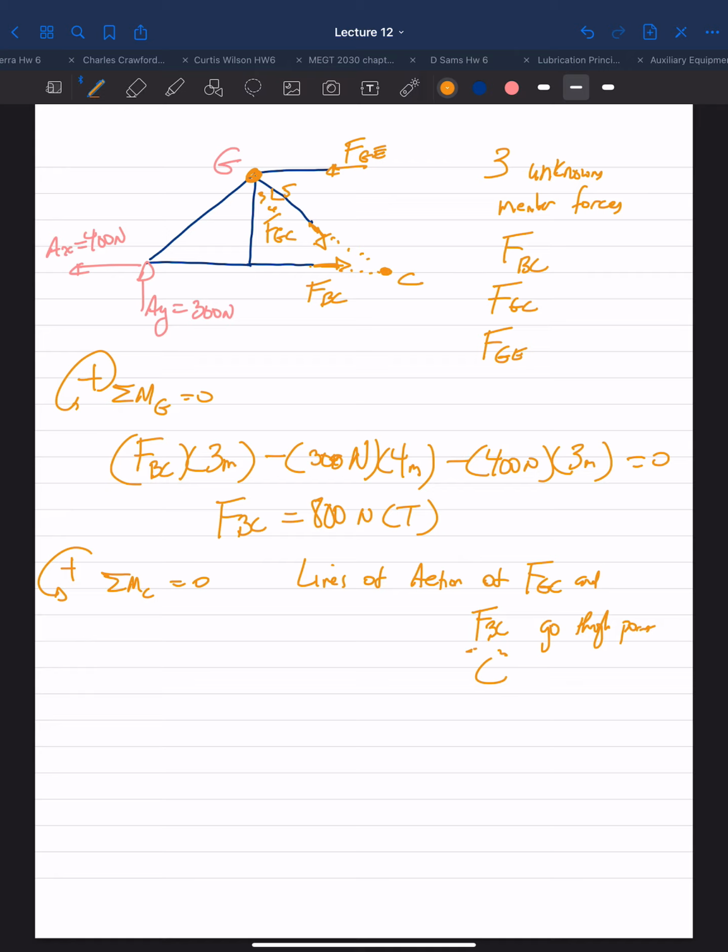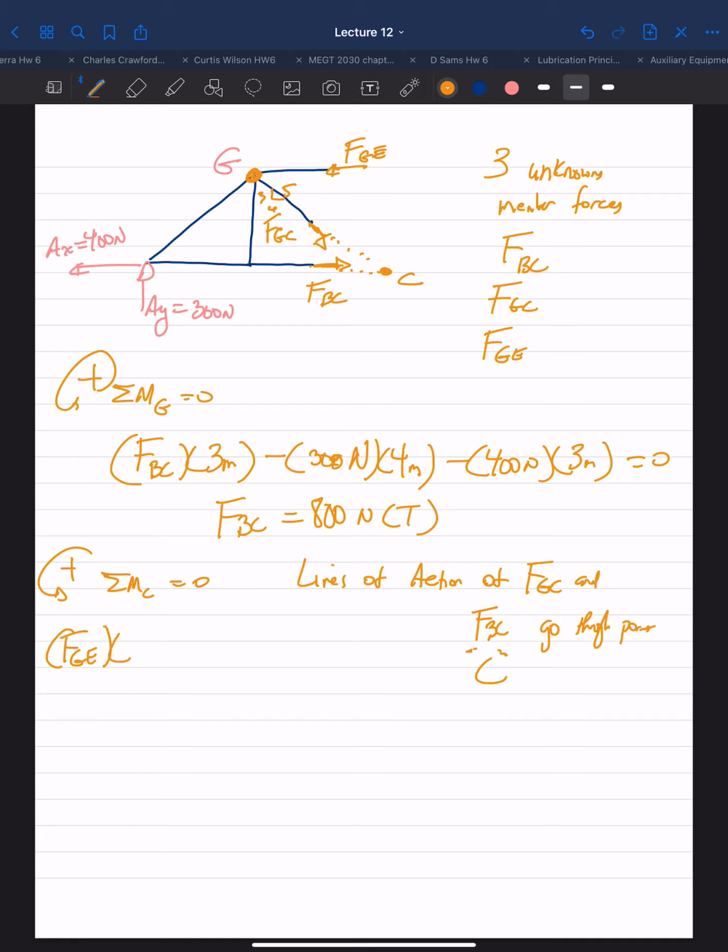AX is on the same line of action through point G and point C as well. So AY causes clockwise, negative. FGE causes counterclockwise, positive.